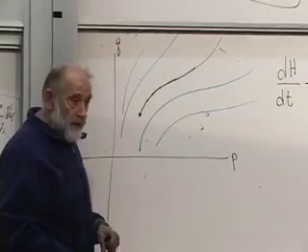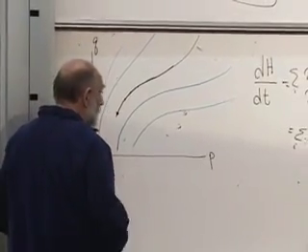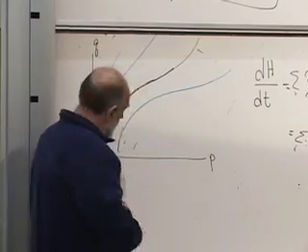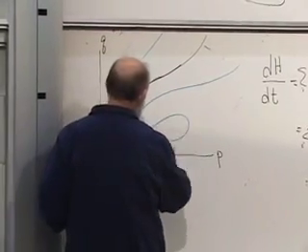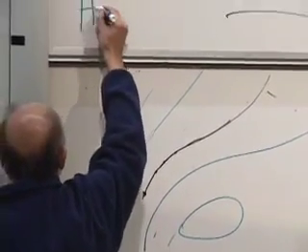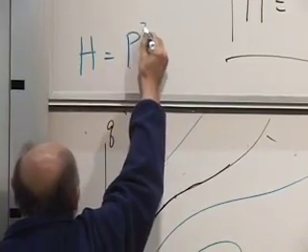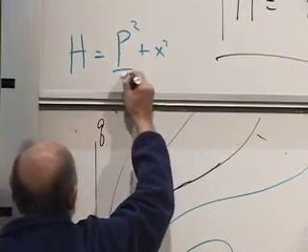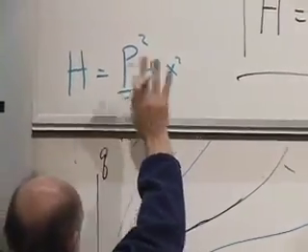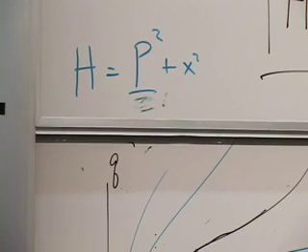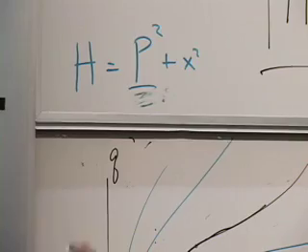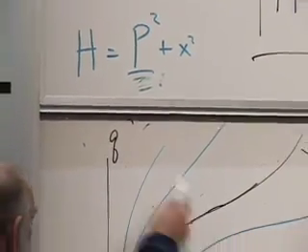The lines of constant energy, in general, could be closed. They don't have to look like this. They could be closed curves. For example, we studied a case last time called the harmonic oscillator, in which H was proportional to p squared plus x squared. Well, let's forget the constants. It was essentially p squared plus x squared. So in that case, the contours of constant energy were just circles around the origin.